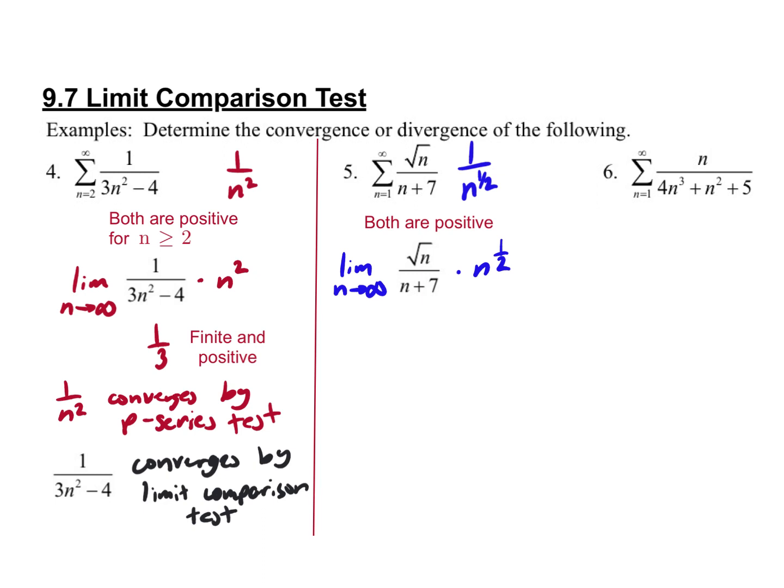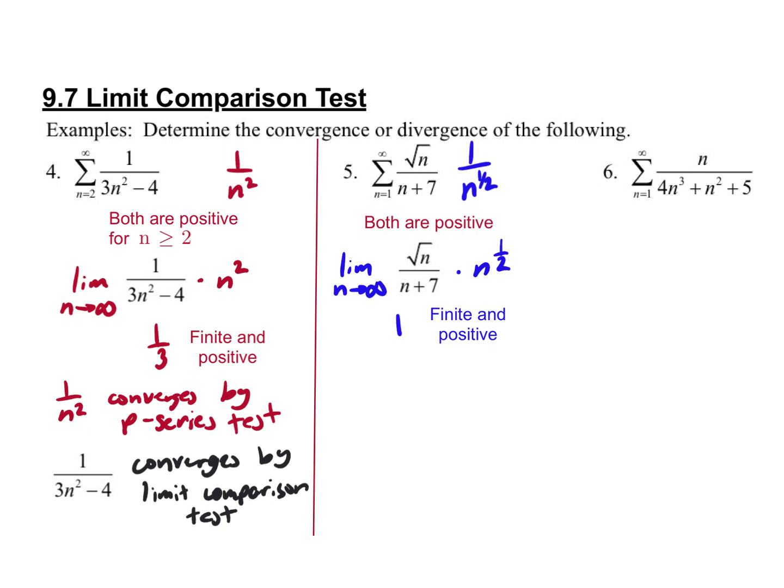Square root of n times n to the 1/2, what's that? Just n, right? Square root of n times square root of n. So the limit then is, drum roll please. What is it? 1. The limit is 1. Is that finite and positive? Sure is.